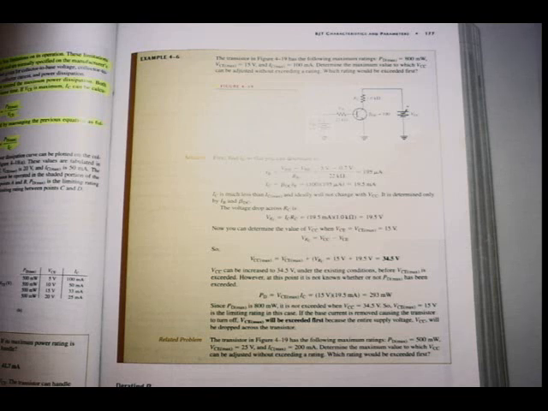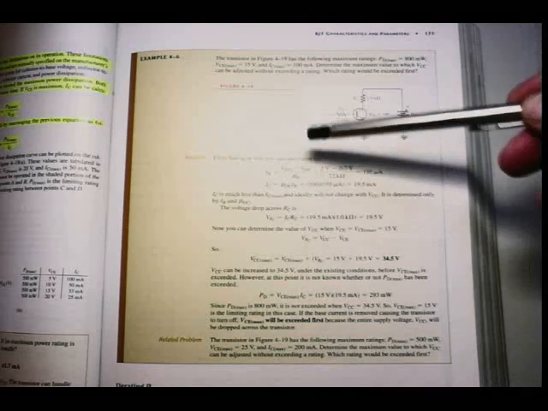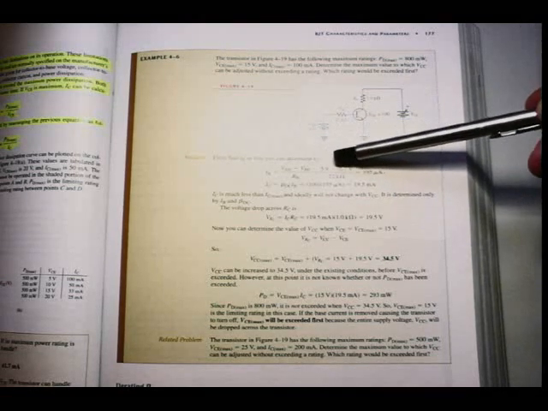Right, PD max is 800 milliwatts, VCE max is 15 volts, IC max is 100 milliamps. Determine the maximum value to which VCC can be adjusted without exceeding a rating, and which rating would be exceeded first. Alright, so if I go and look at this solution, first I have to find IB so that I can determine IC.